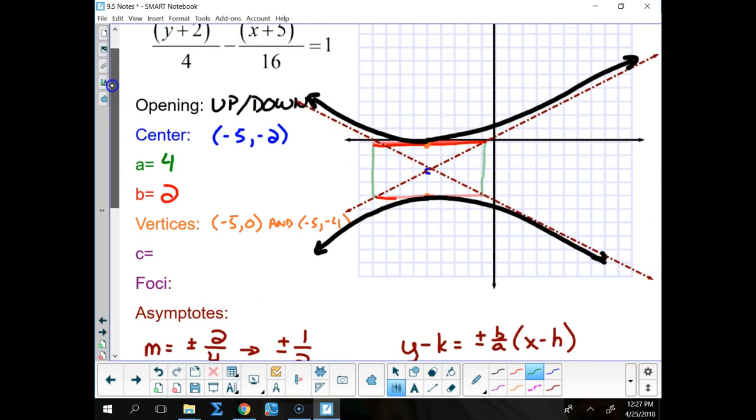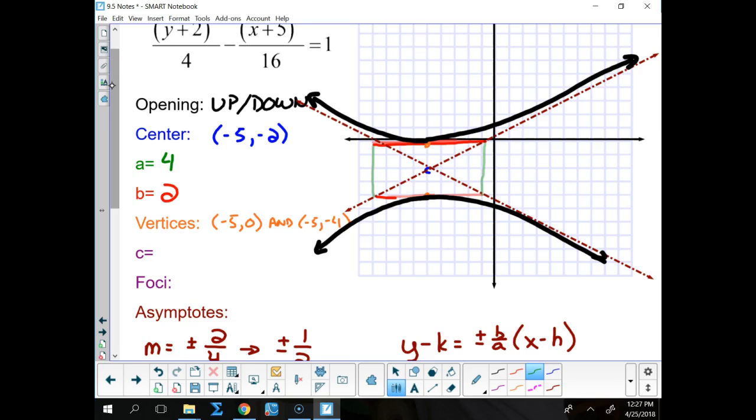C. C squared is going to be 16 plus 4. So c squared is going to be 20. So c is going to be the square root of 20. Square root of 20 is 2 square roots of 5. Foci are vertical or horizontal? Vertical.